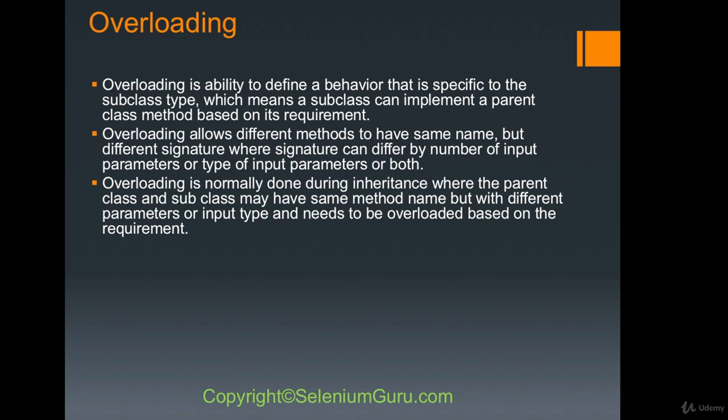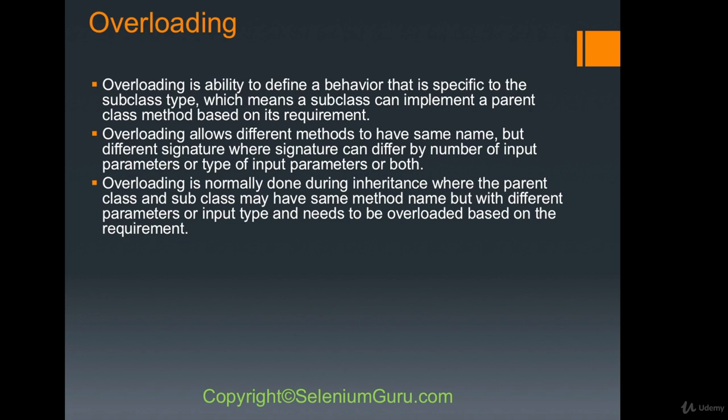Overloading is normally done during inheritance, where the parent class and subclass may have the same method name, but with different parameters or input types, and needs to be overloaded based on the requirement. So your parent class could have method A, and your child class could have method A with different parameters.